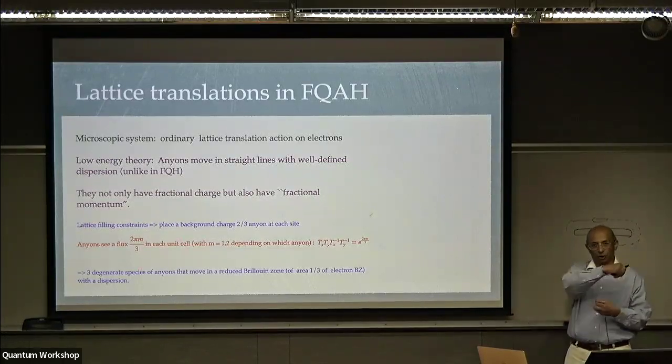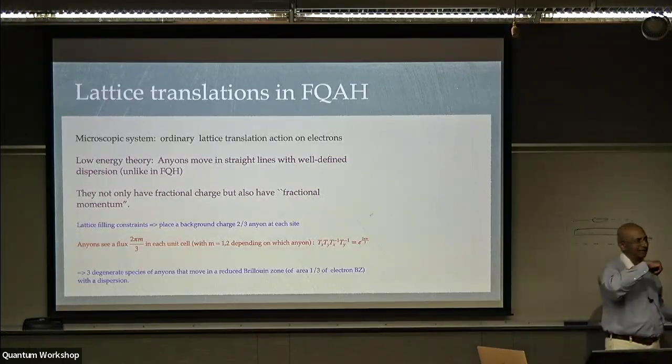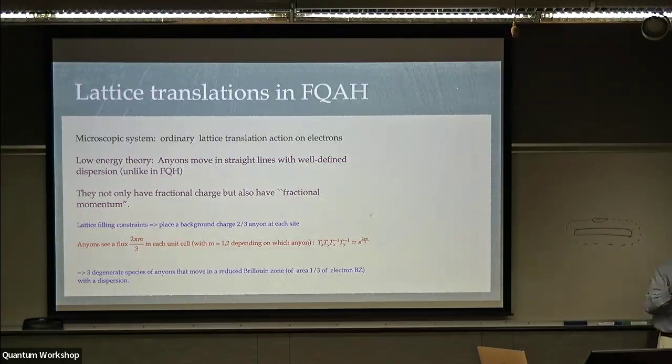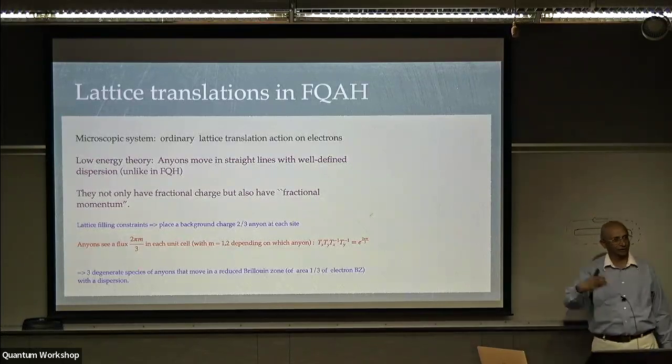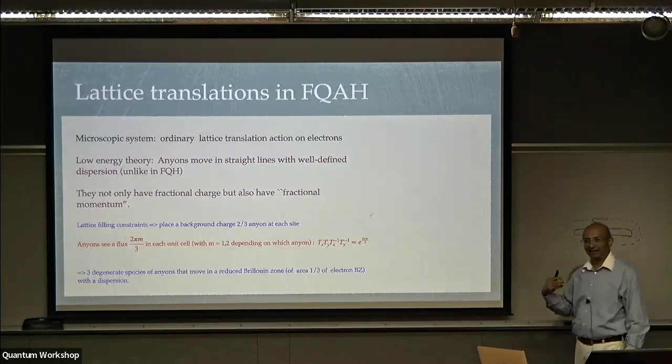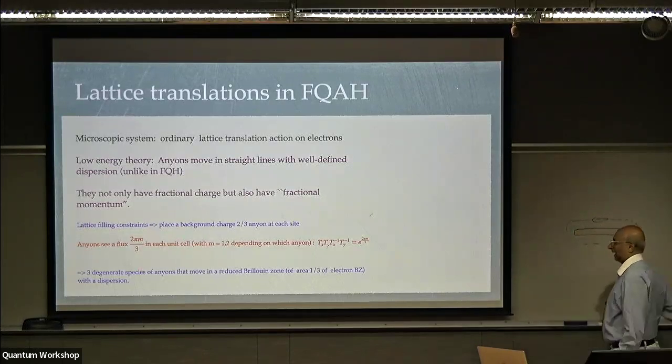So there's an enlarged unit cell, a 3-by-1 unit cell, in which the anyons see no flux, right? Because it's a rational flux, the band structure of the anyon will look like this Hofstadter butterfly at rational flux, right? And so then there's a well-defined band.